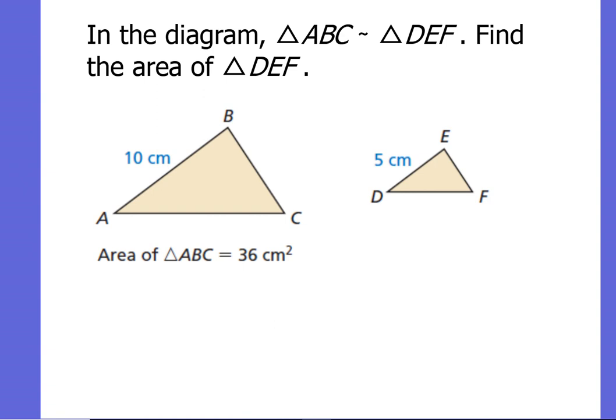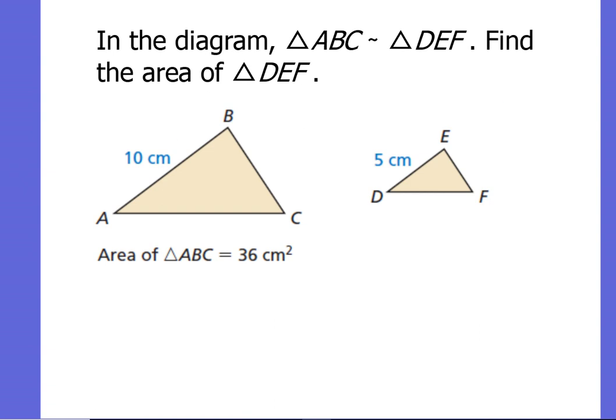So it wants to know what the area of triangle DEF is, given that ABC is similar to DEF. So what do we know? Well, I know for sure that the area is to the area.